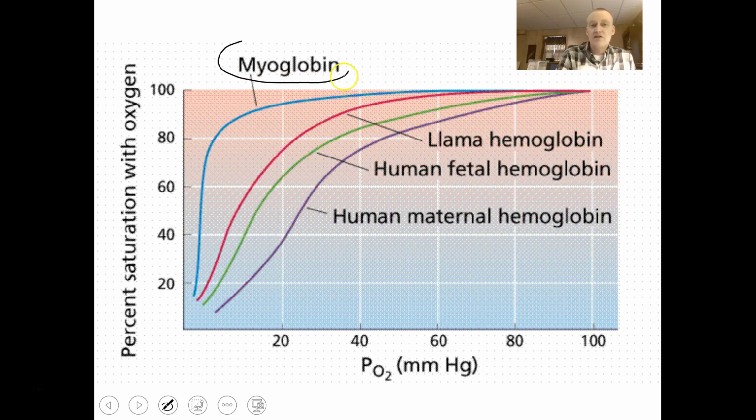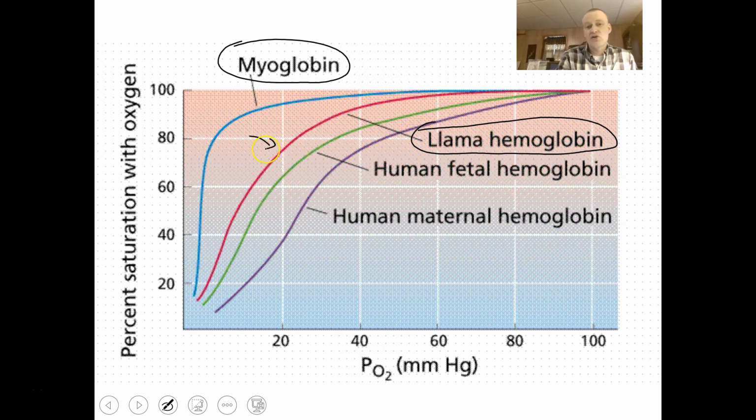If you look at the molecules of myoglobin inside of muscle tissue, it has a super great affinity for oxygen molecules, trying to draw them into the muscle tissue. And creatures that live at high altitudes are going to have different saturation curves.